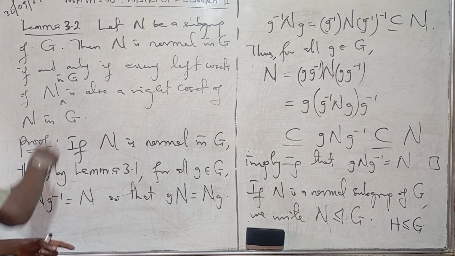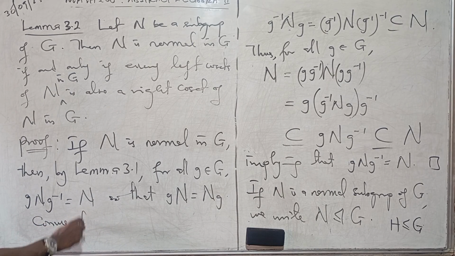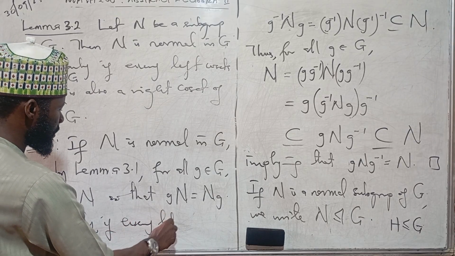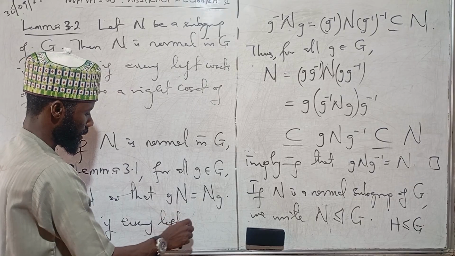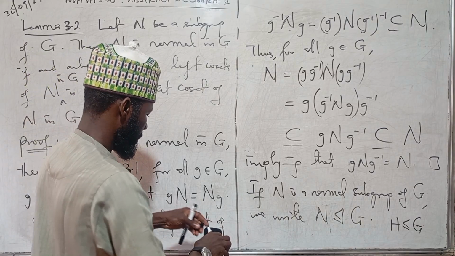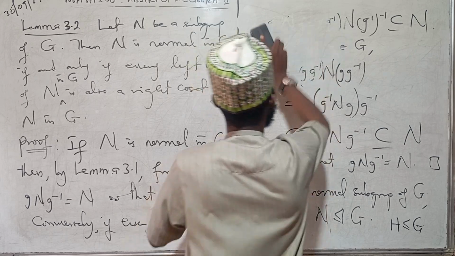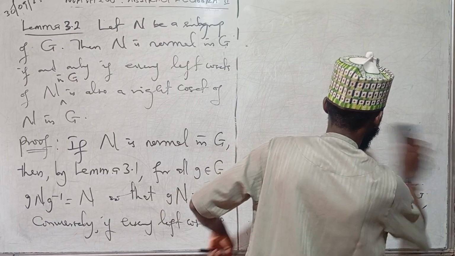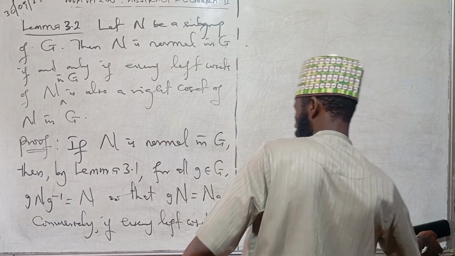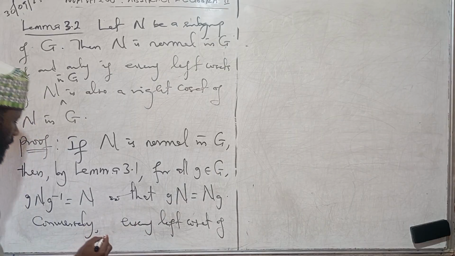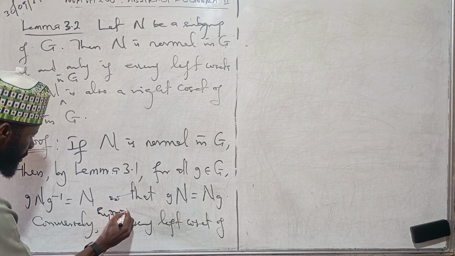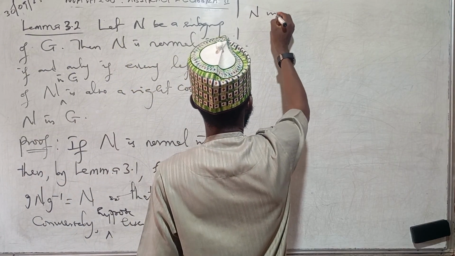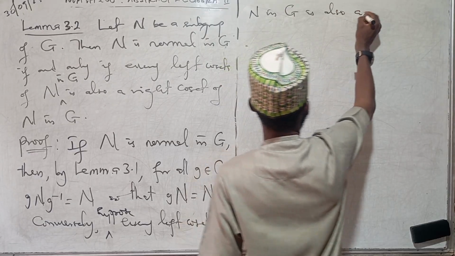But then the other way around, conversely, suppose, make it an assumption like this, suppose every left coset of N in G is also a right coset.